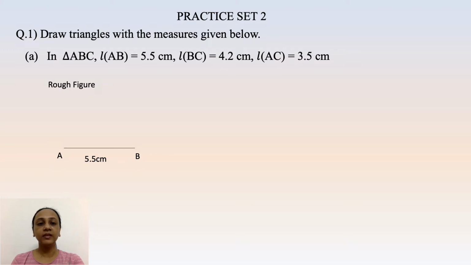Side AC is 3.5 centimeter. So, draw line AC and write measure 3.5 centimeter. Then, draw line BC and write measure 4.2 centimeter.